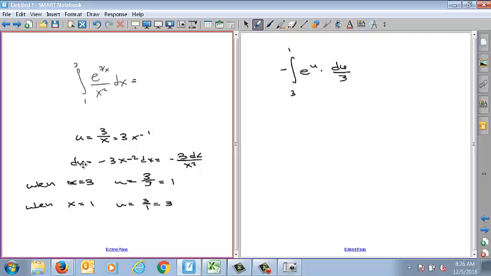So at this point, instead of solving for x squared dx equal to negative du over 3 by dividing by negative 3, you can actually just solve for dx. So dx is equal to du divided by negative 3x squared.